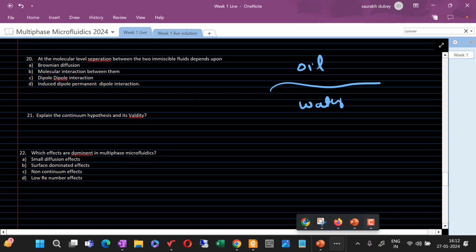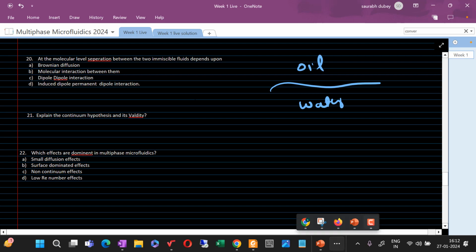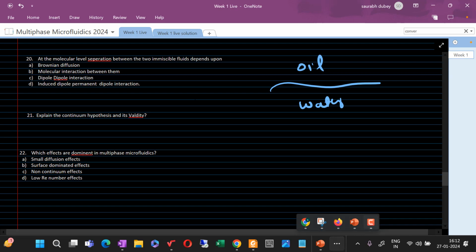So you say that this interface will be stable and there will be no diffusion. So what is helping that to be in that stable situation? Molecular interaction between them is not allowing them to mix.